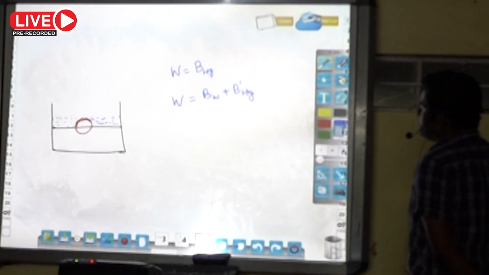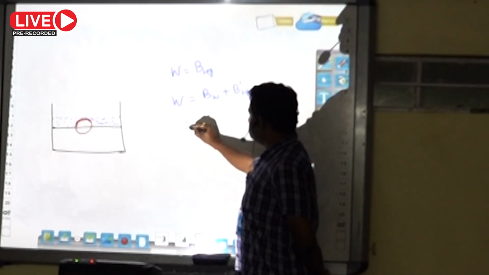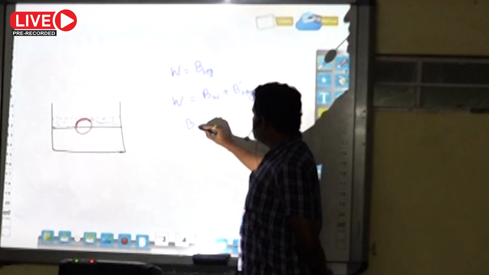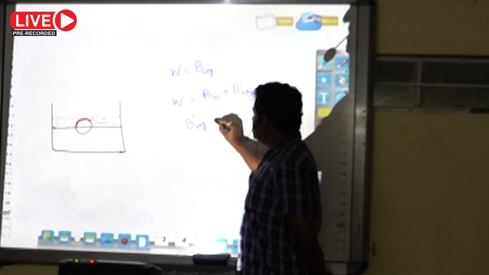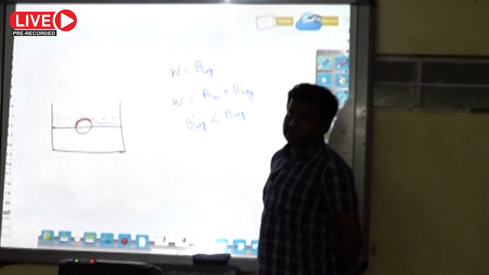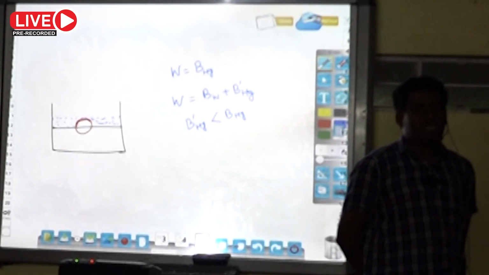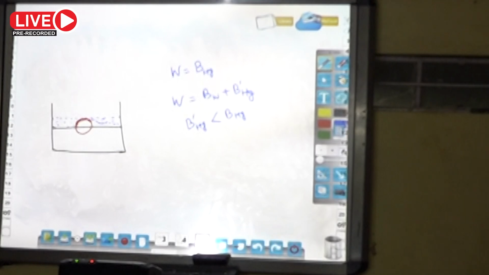Now from these two equations I can write that B H G prime is less than B H G, because in the second case water will produce some amount of buoyant force such that the body can float.